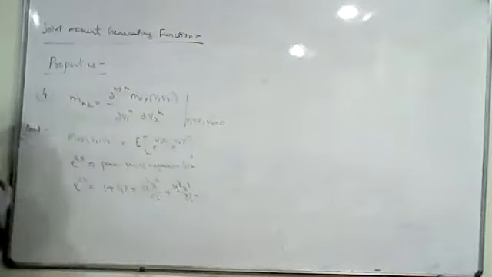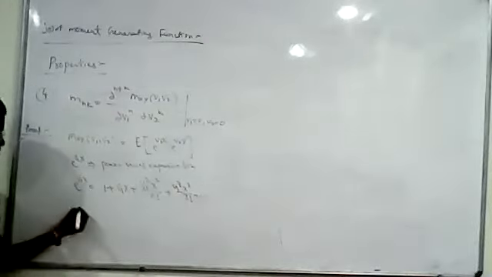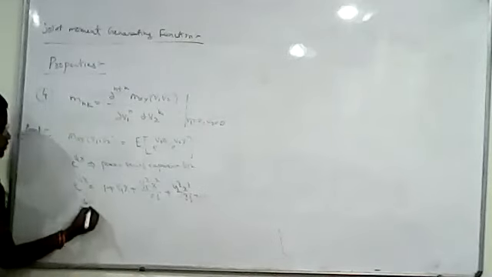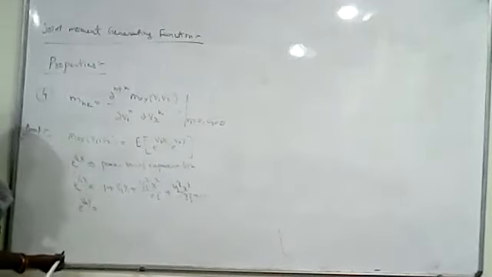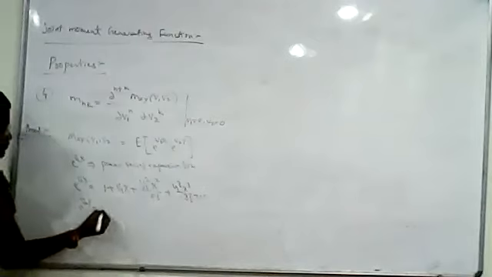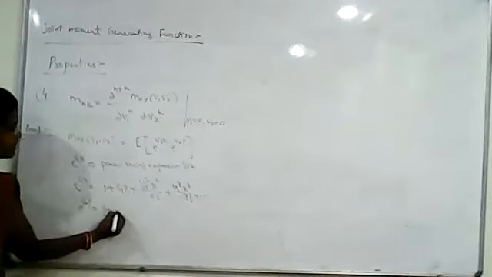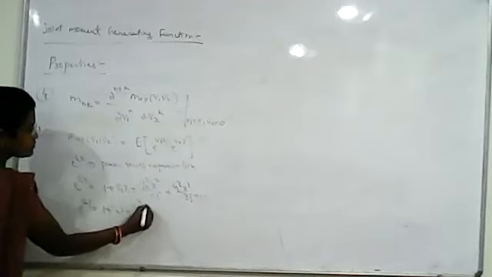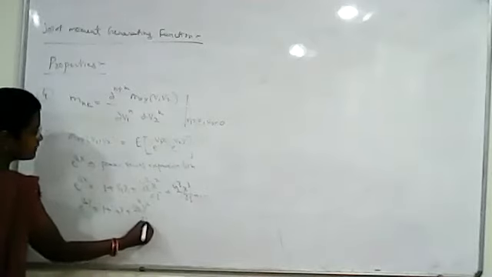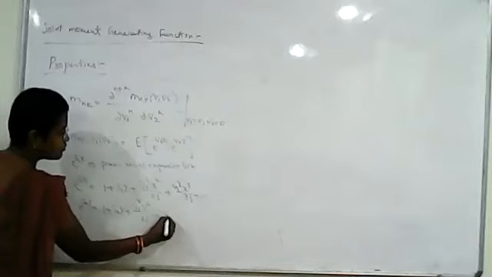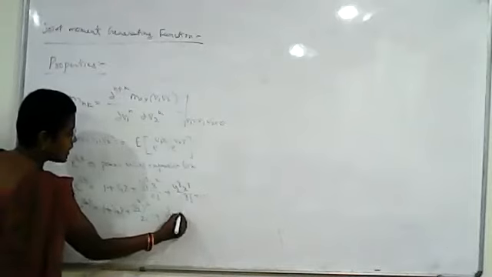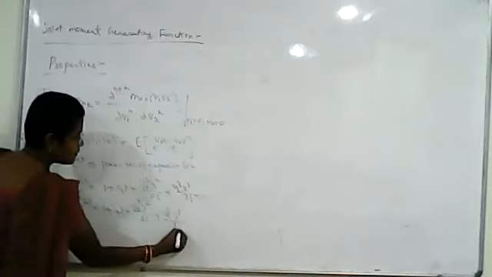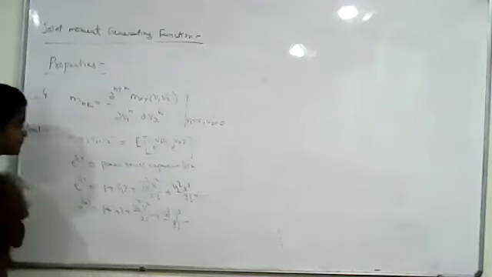Similarly, e power v2y can also be expanded in series expansion method. It can be written as 1 plus v2y plus v2 square y square by 2 factorial plus v2 cube y cube by 3 factorial, and so on.